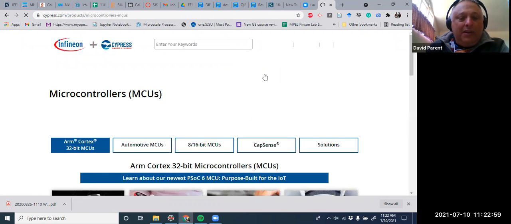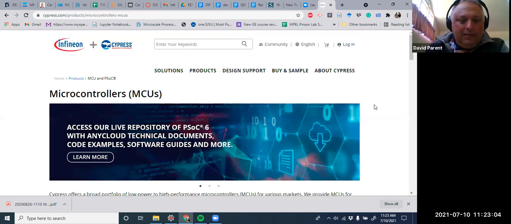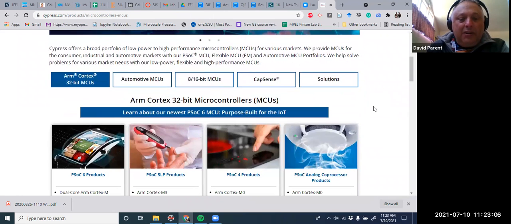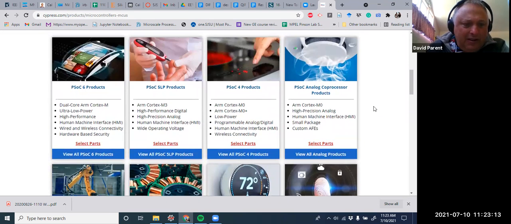So it's the system on a chip, right? It's got a microcontroller, but it also has all these analog parts to it.